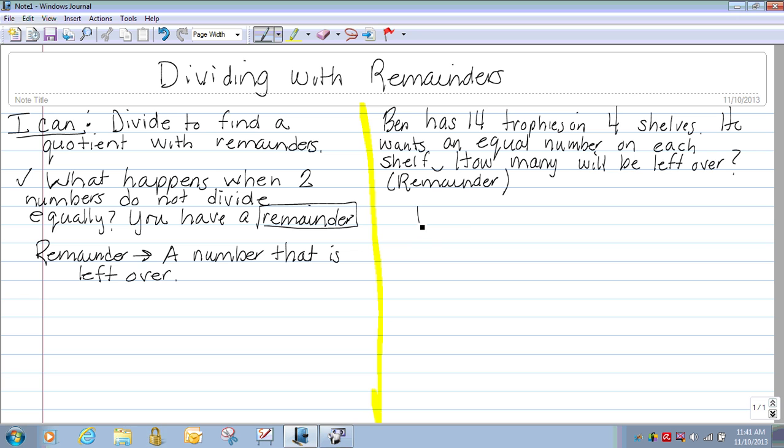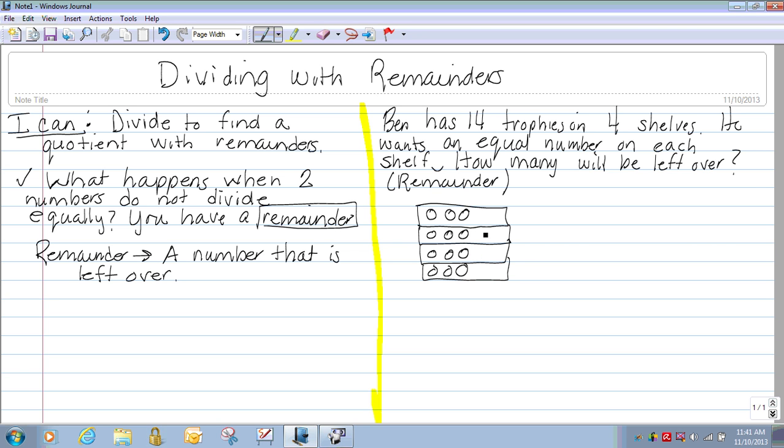If we draw this out at 1, 2, 3, 4 shelves, Ben has a total of 14 trophies. So I have 1, 2, 3, 4, 5, 6, 7, 8, 9, 10, 11, 12.